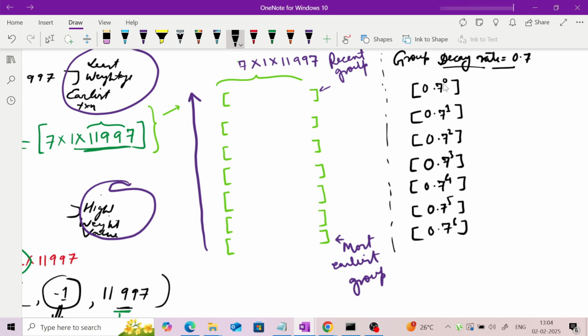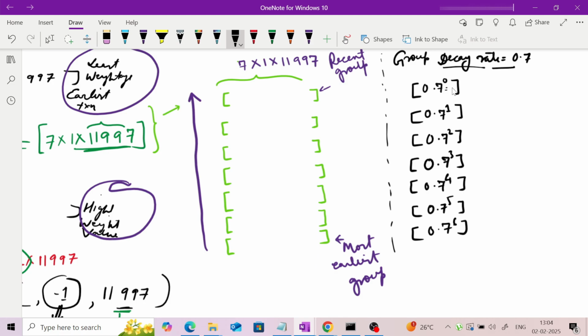Once we have the group decay rate declared, we will assign it so that the most recent groups have a higher group decay value, and the earliest group has the lowest.